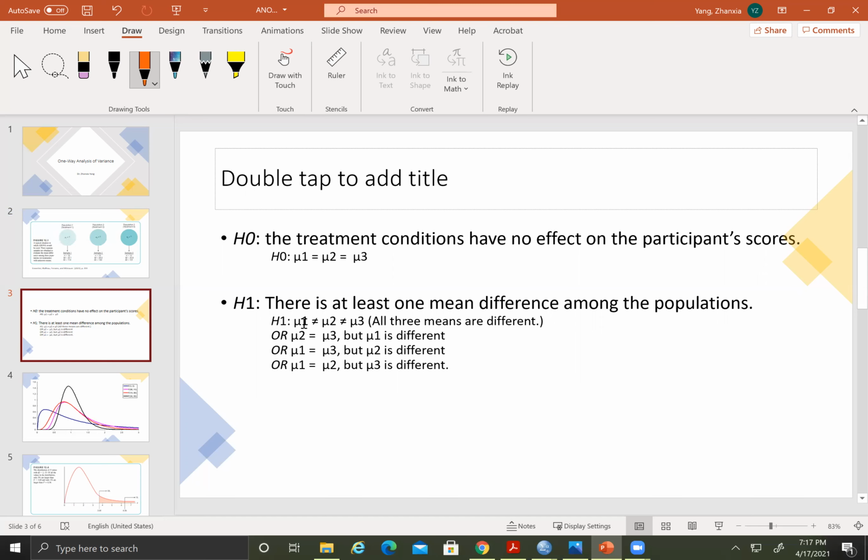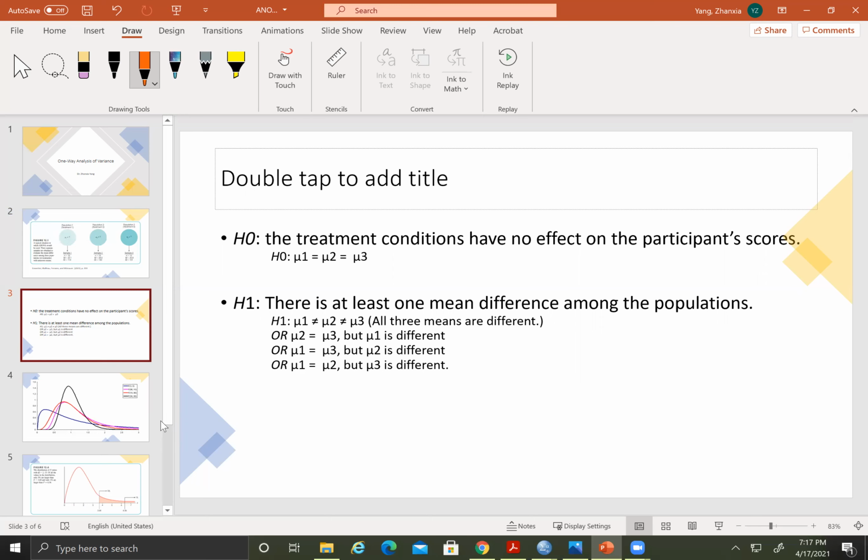That could be all three are different. It could be two of these are the same but another one is different. It could be any two of these. All of these are possible alternatives. With that in mind, we can go ahead and analyze.